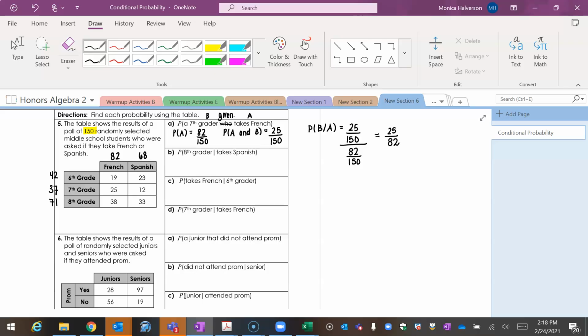So I read it as a seventh grader given they take French, but it didn't ask that, all right? If it was just what it was originally asked, the probability of a seventh grader who takes French, our answer would be 25 over 150, which is equal to 1/6. So it's important for you to recognize what they're asking. All right? I'd like you to do B, C, and D on your own now.